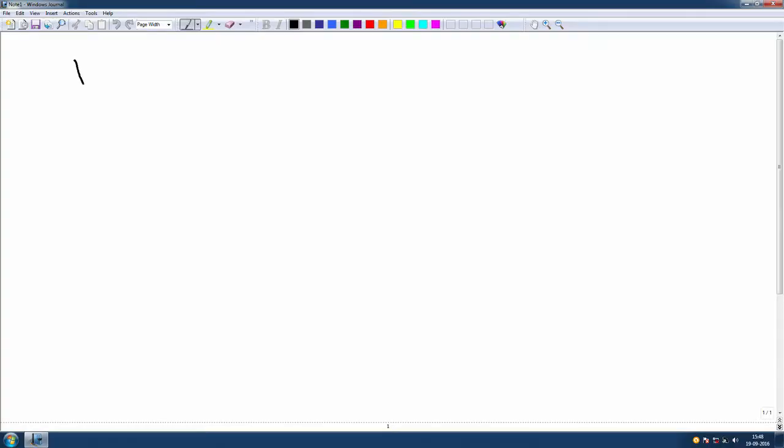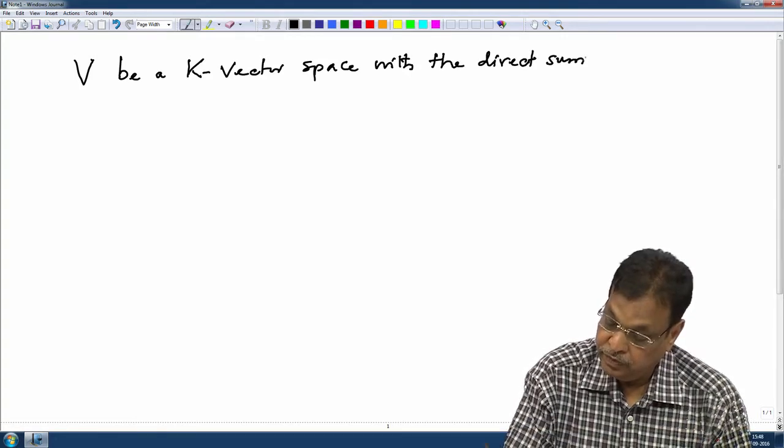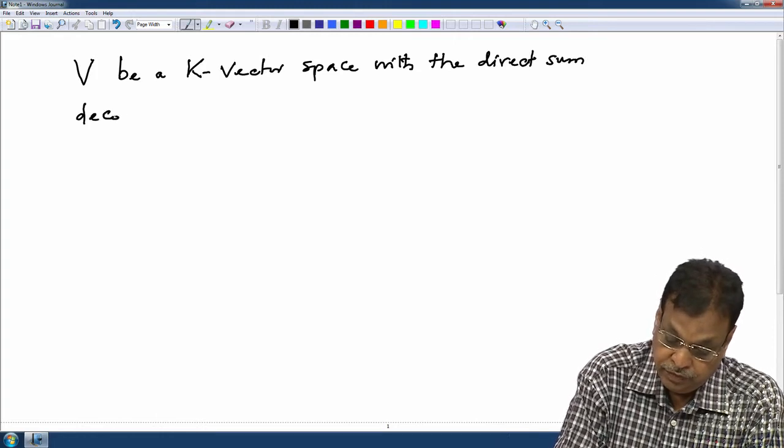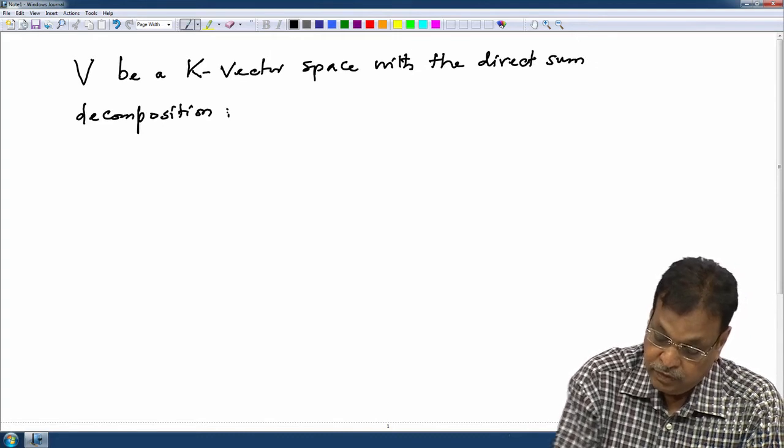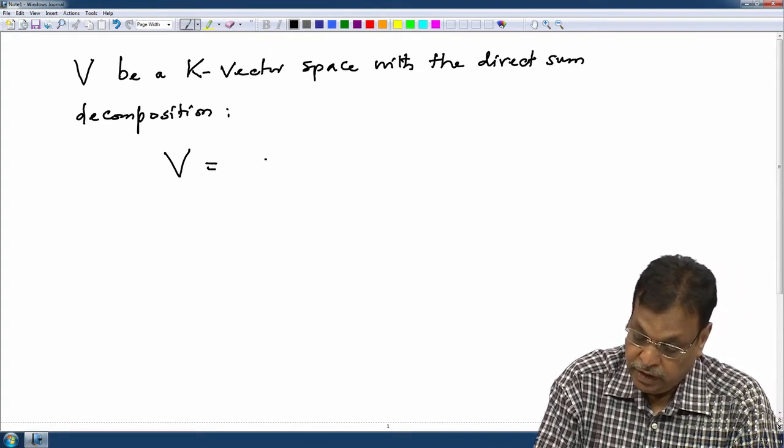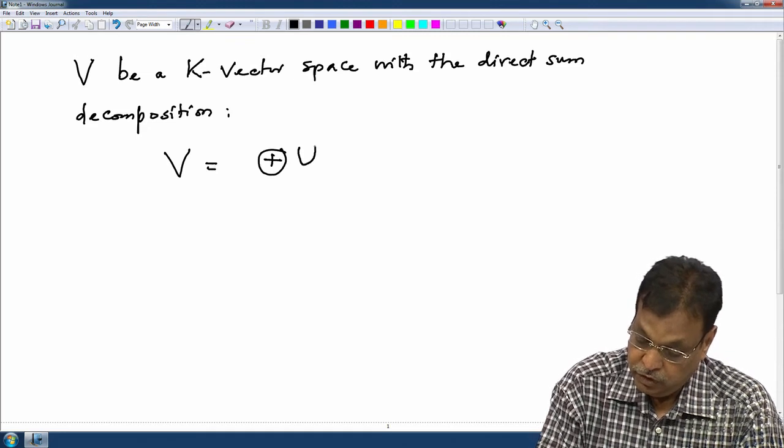So, let us start with, as usual, V a K vector space which has the direct sum decomposition: V is the direct sum of the Ui's.